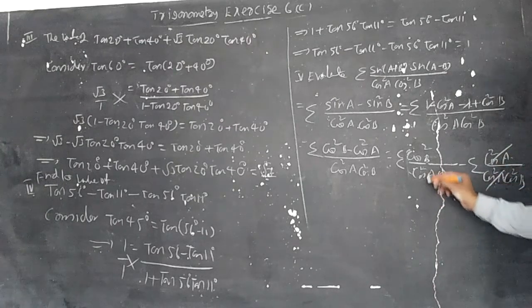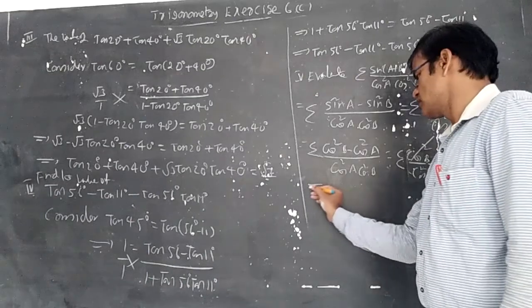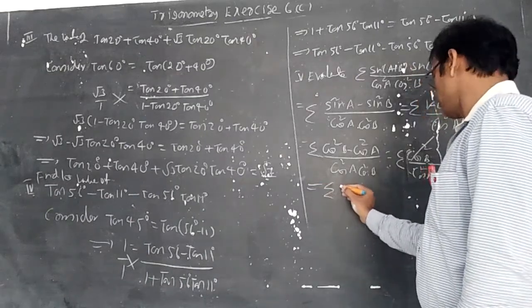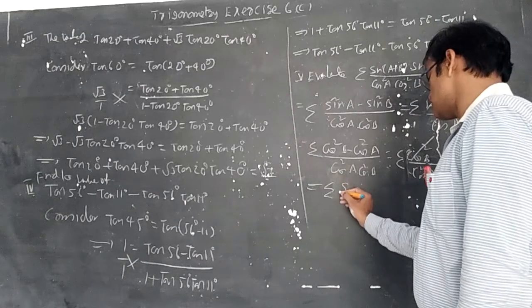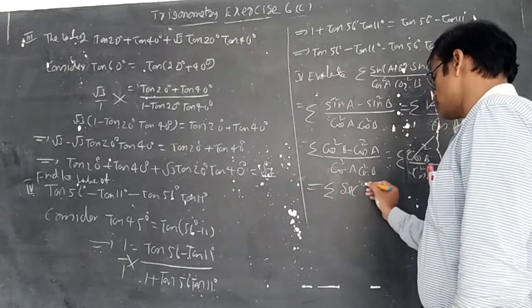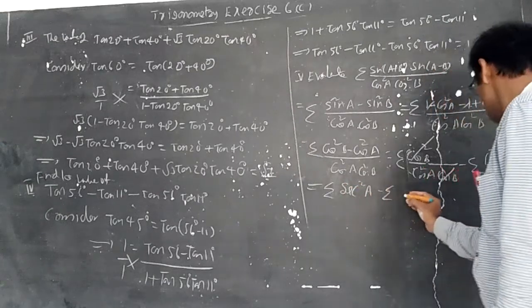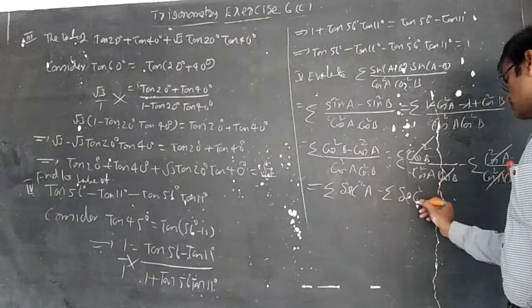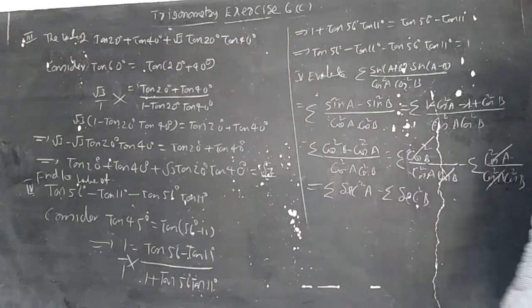Cos square a gets cancelled, cos square b gets cancelled. 1 by cos square becomes secant square, so secant square a minus secant square b.